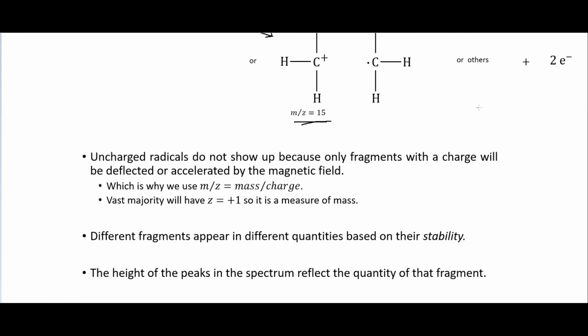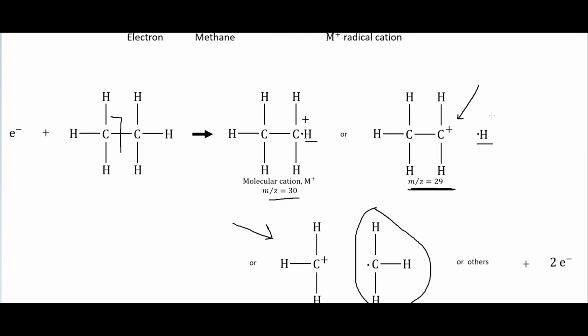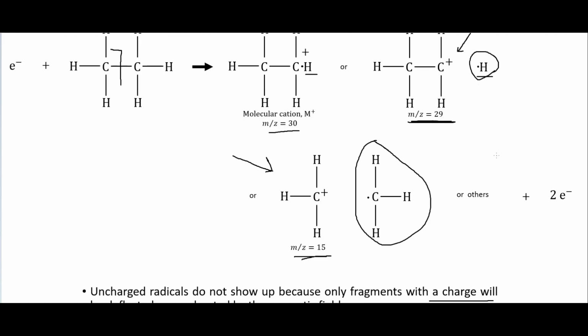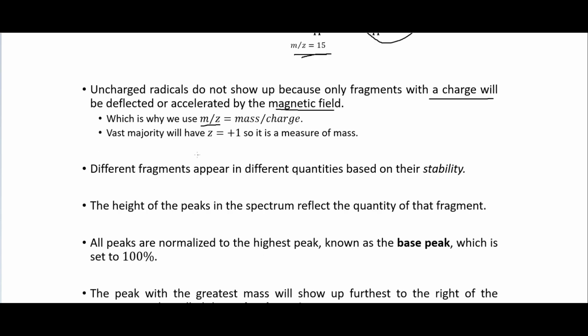These uncharged radicals do not actually show up, because only the fragments with a charge will actually be deflected or accelerated in the magnetic field, which is why we use the m over z here. So this one right here would not actually show up, neither would this one right here, because those are uncharged radicals, and so those will not be bent or accelerated or even detected by our mass spectrometer.